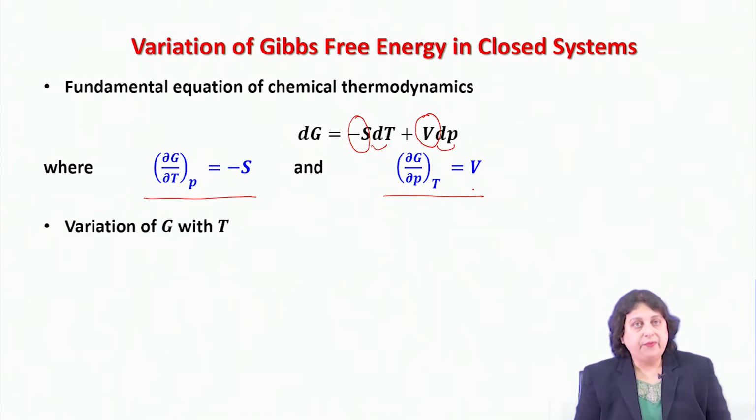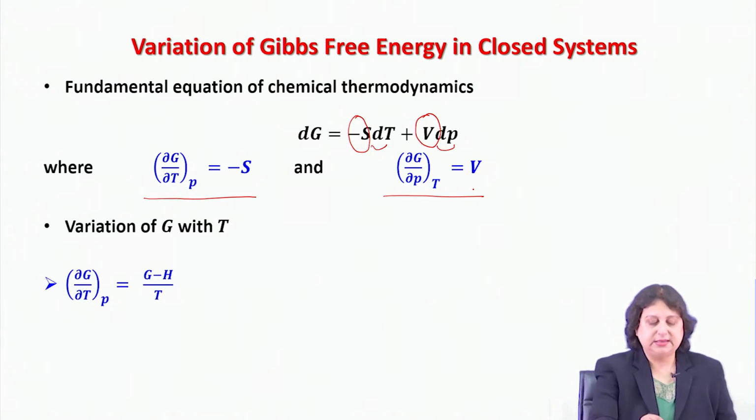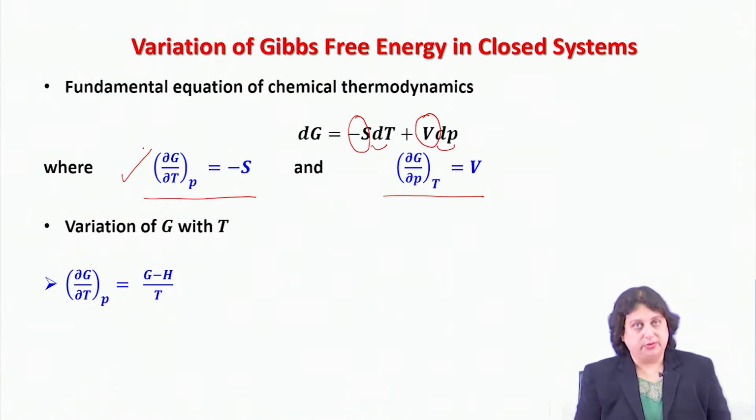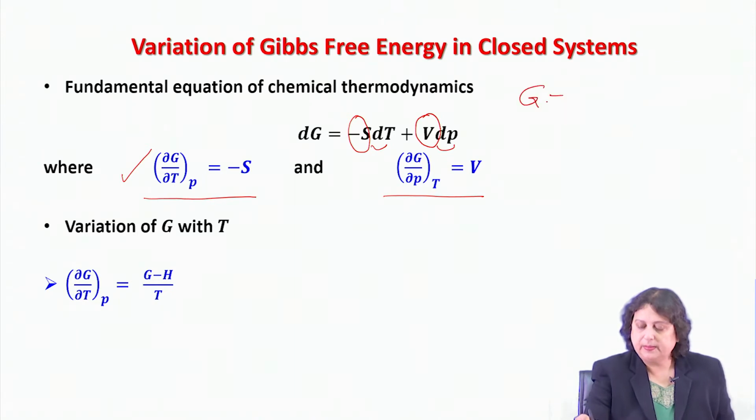Now, if I want to understand the variation of the Gibbs free energy with respect to temperature, I can rewrite this particular relationship in a slightly different way. We understand that G is equal to H minus TS.